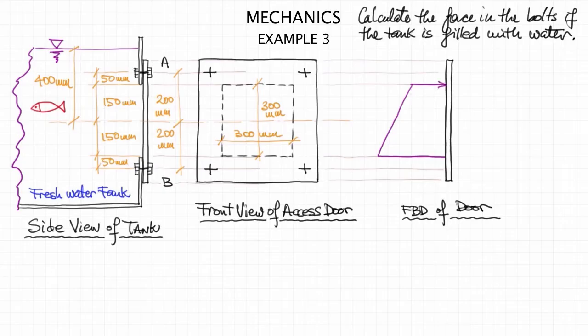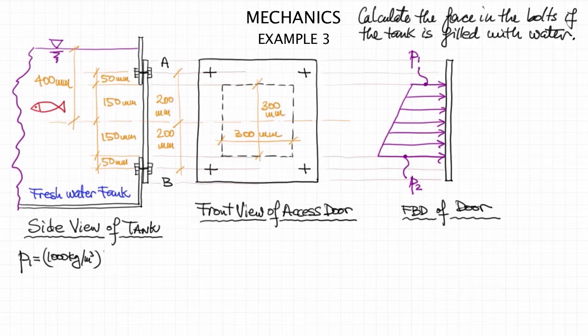Now this would be the pressure diagram. Of course, pressure acts only across the door opening where the door is in contact with water, and the pressure intensity at the top is P1, so it's a function of the depth from the top of the fluid to the top edge of the opening, that would be 250 millimeters, so P1 is 2.45 kilonewtons per meter square.